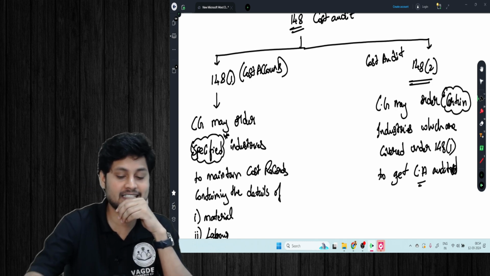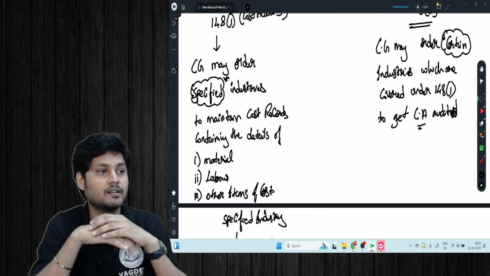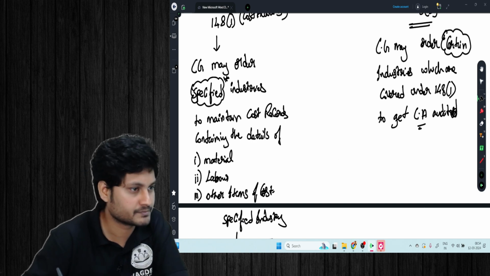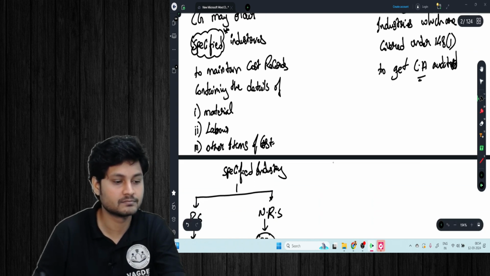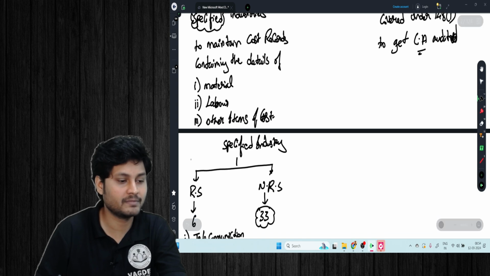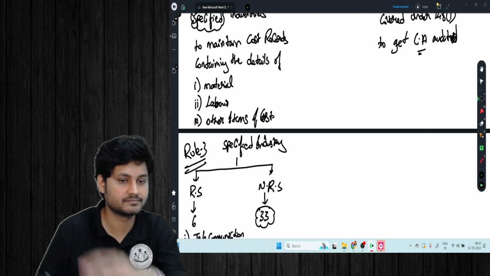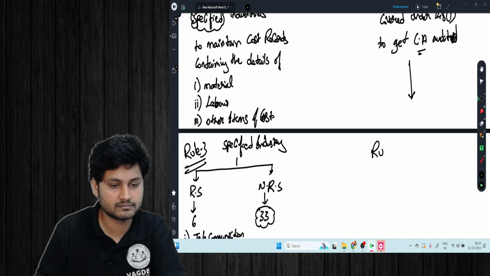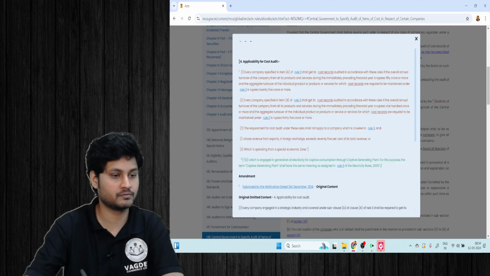So which industries are covered under 148 subsection number 2? So we need to read rule number 4, not 3. Rule number 4. Let me read rule number 4 now.